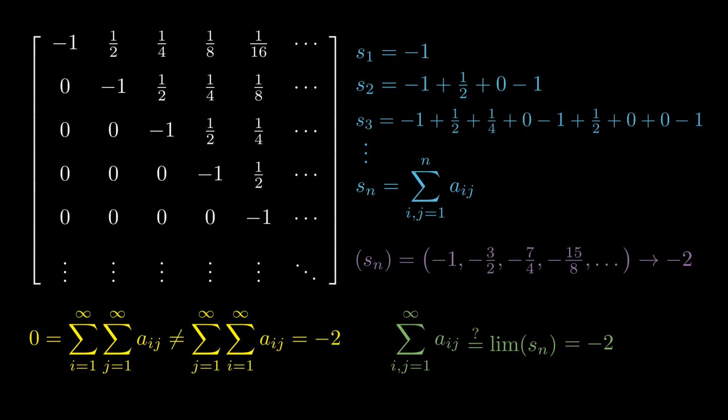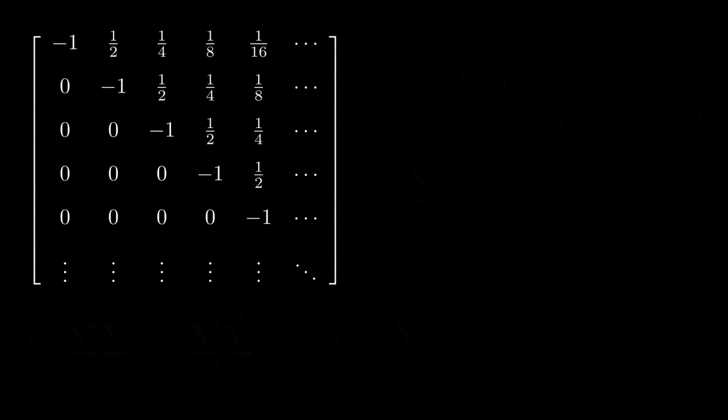Instead of just considering a sequence of partial sums of all the entries in a square of increasing size, we could do this for any rectangle. So instead of letting S sub n be the sum of the entries in the n by n square in the upper left of this matrix, let's generalize this a little bit, letting S sub mn be the sum of all of the entries in the m by n rectangle that's all the way in the upper left corner.